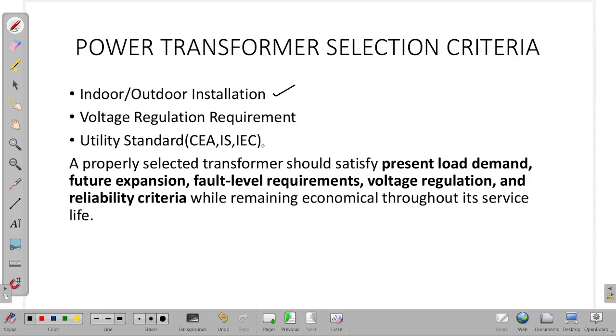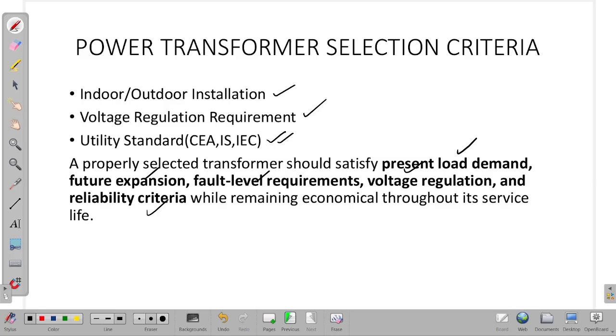This is the input design data, along with voltage regulation requirement and utility standard as per Central Electricity Authority, Indian Standard or International Electrotechnical Commission. A properly selected transformer should satisfy the present load demand, future expansion, fault level requirement, voltage regulation, and reliability criteria, while remaining economical throughout its service life.